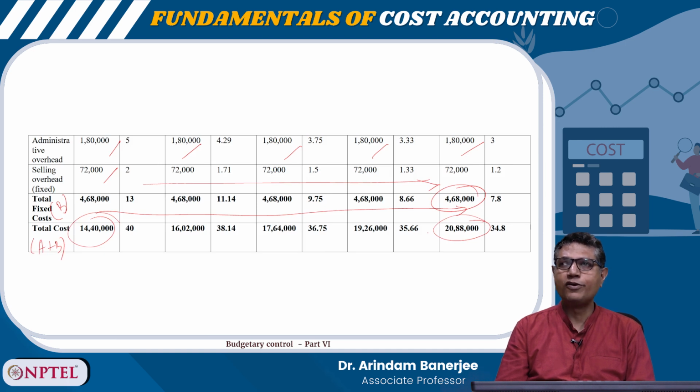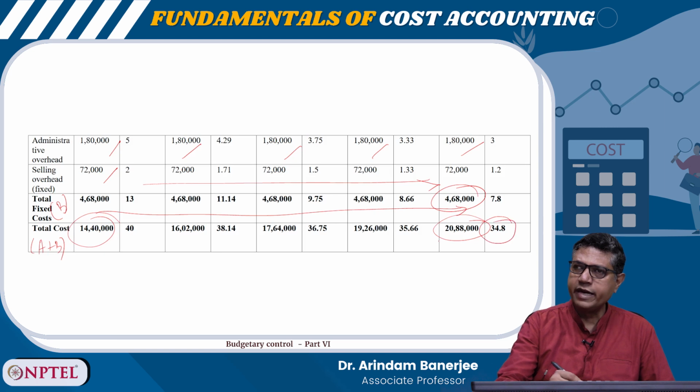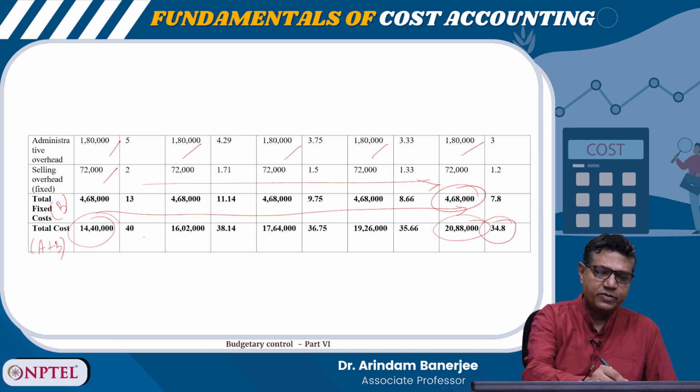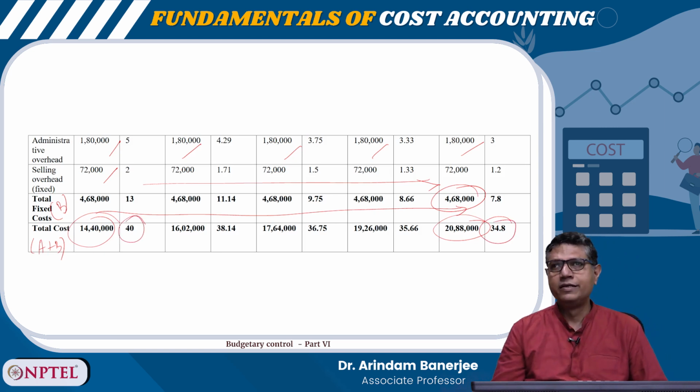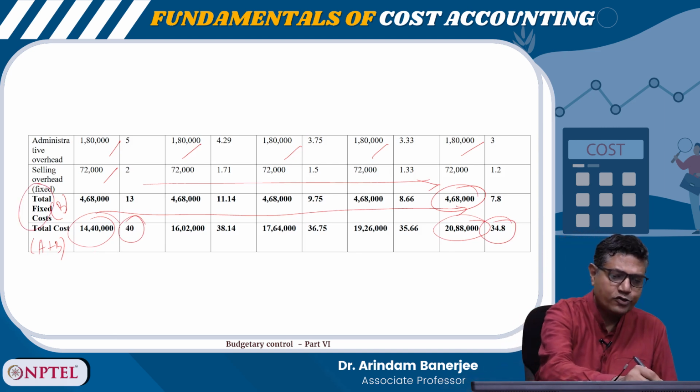So, the per unit total cost gets reduced. You see here, in this case, the per unit cost at 100% is 34.8, whereas at 60% it is 40, right. This is happening because of the existence of this fixed cost component here, right.